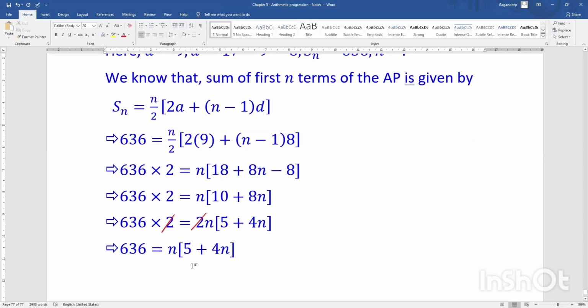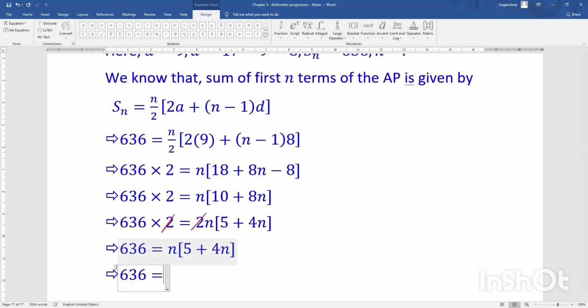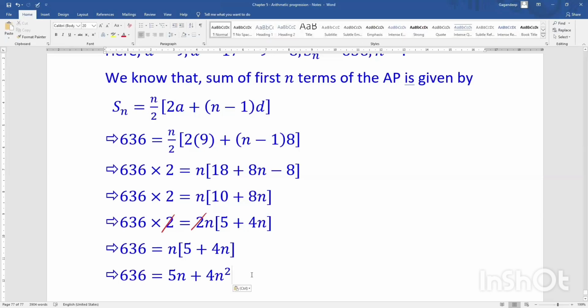The next one: 636 equals n into 5, so that becomes 5n. And then n into 4n will be 4n square. So plus 4n square.